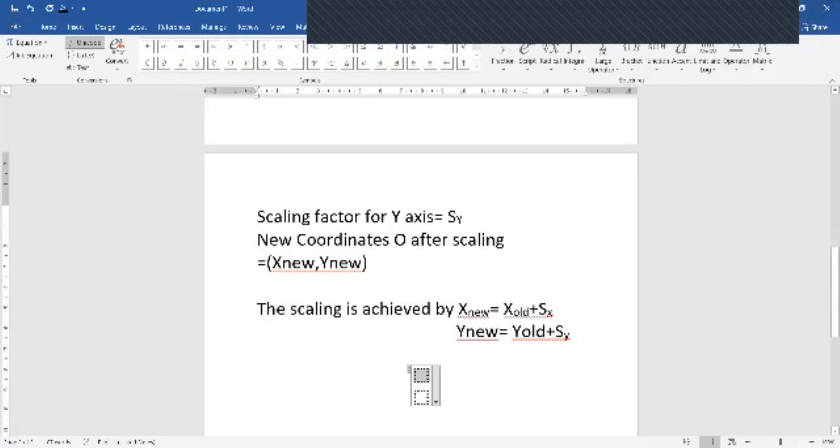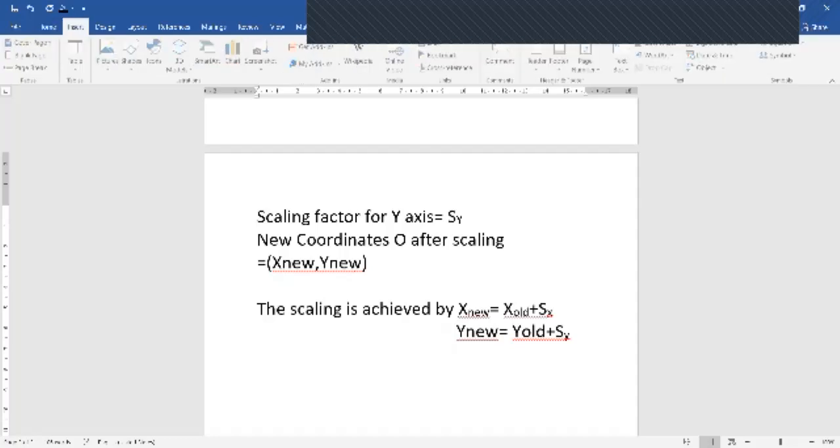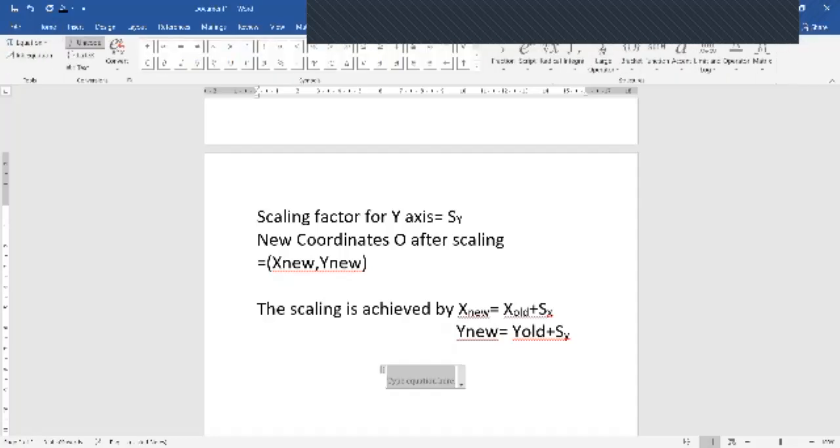Let me insert an equation and then I will show you how to write it.